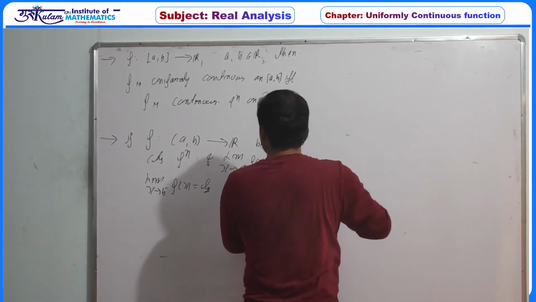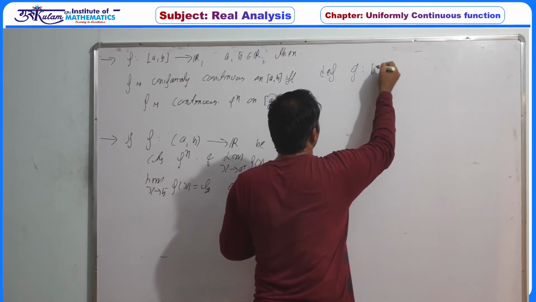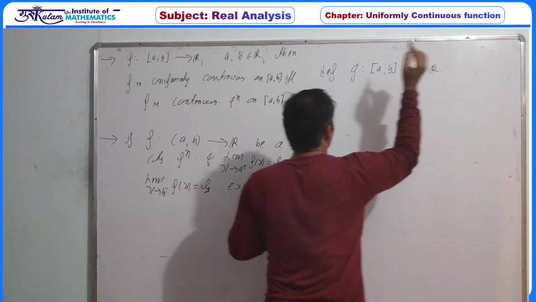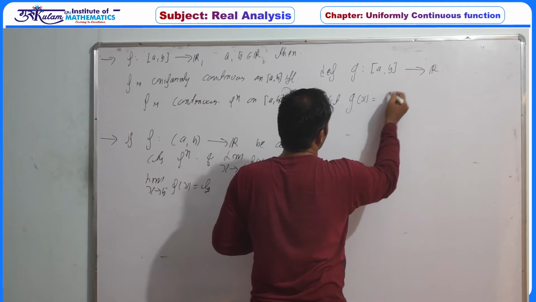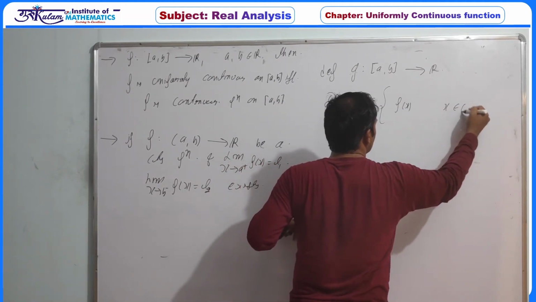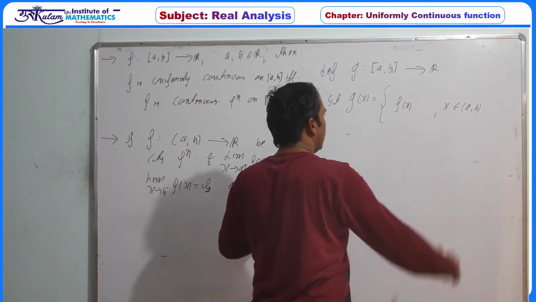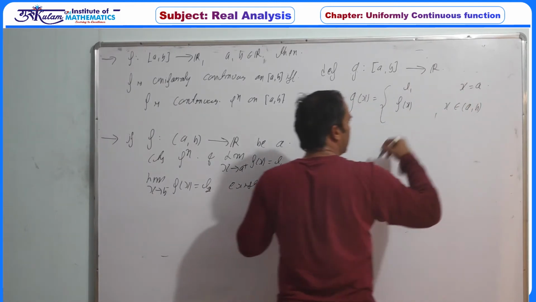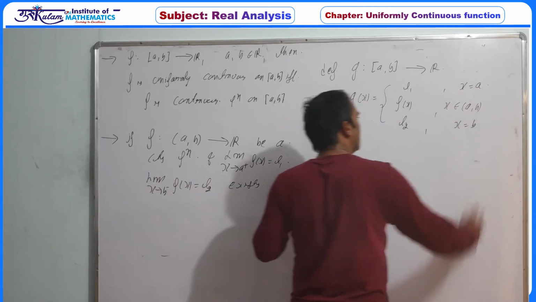Then we can define a function g from the closed interval [a,b] to R, such that g(x) is the same as f(x) whenever x is a member of the open interval (a,b), and L1 whenever x is equal to a, and L2 whenever x is equal to b.